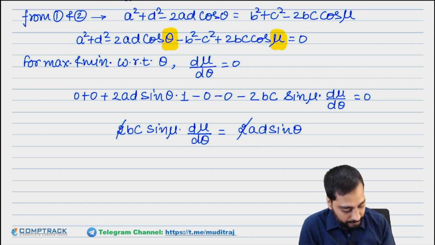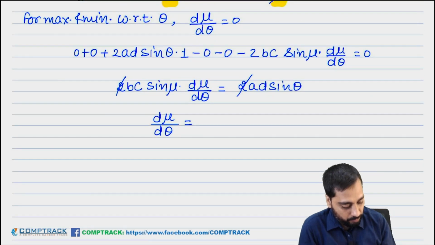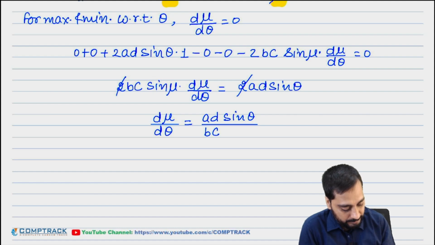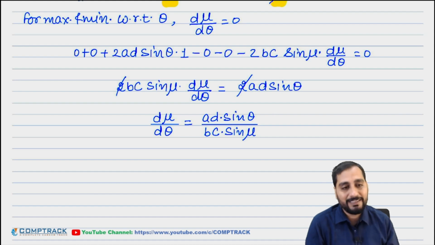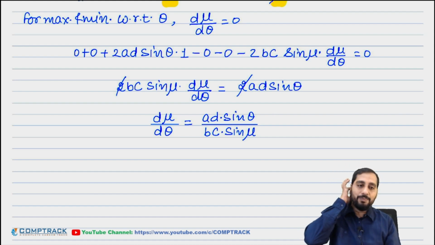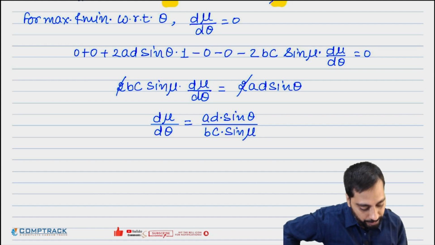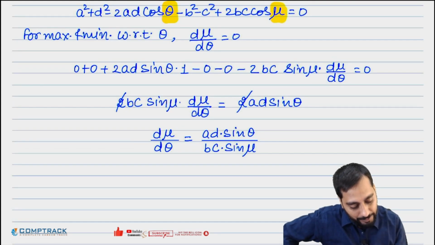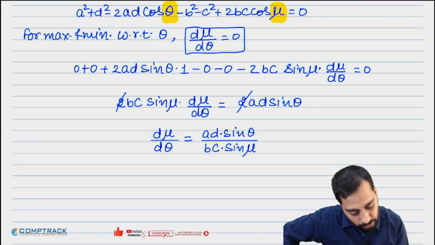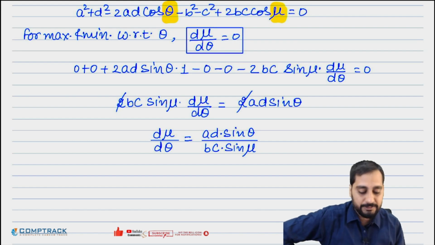So here d mu by d theta will be equal to AD sin theta upon BC sin mu. Okay, so this we have to put 0.